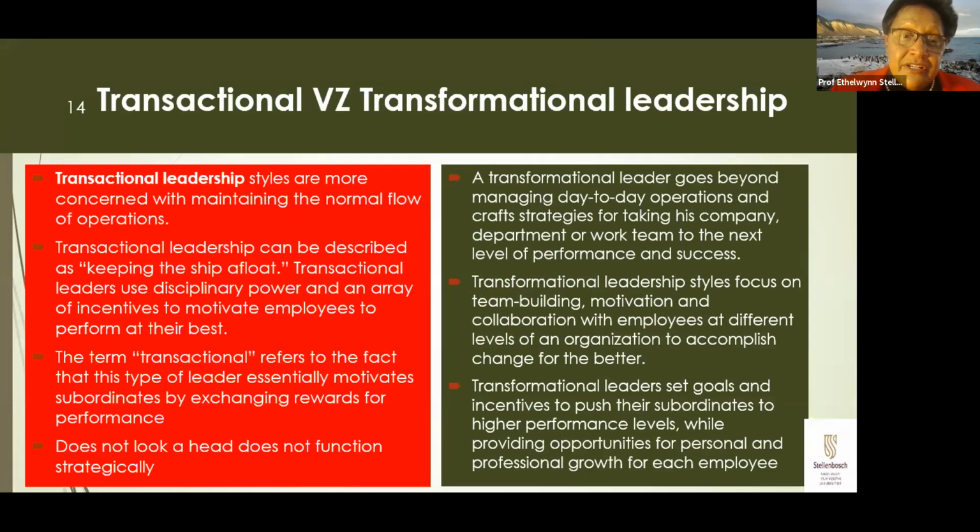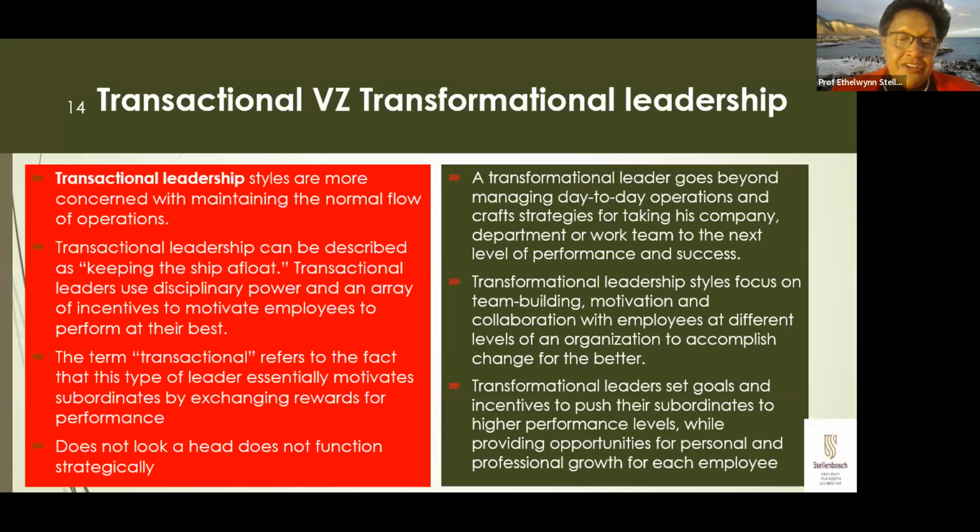Transactional leadership styles are more concerned with maintaining the normal flow of operations. Transactional leadership can be described as keeping the ship afloat. Leaders use disciplinary power and an array of incentives to motivate employees to perform at their best.